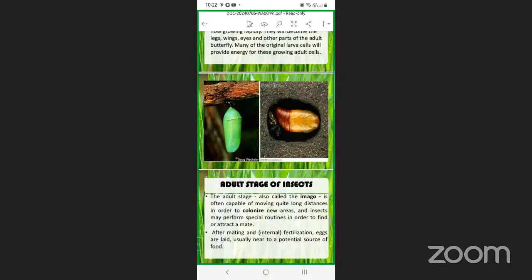The physiological, biochemical, and behavioral adaptations associated with diapause are regulated by hormones. So here also the hormones play an important role.